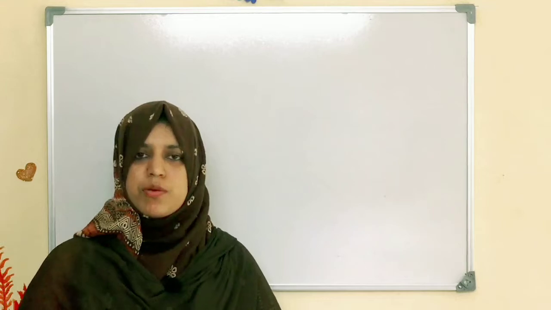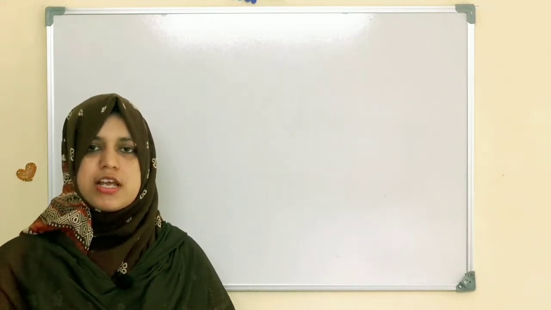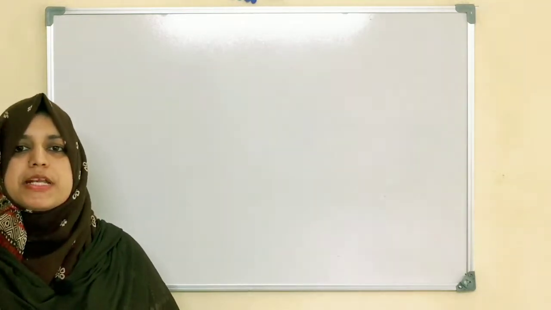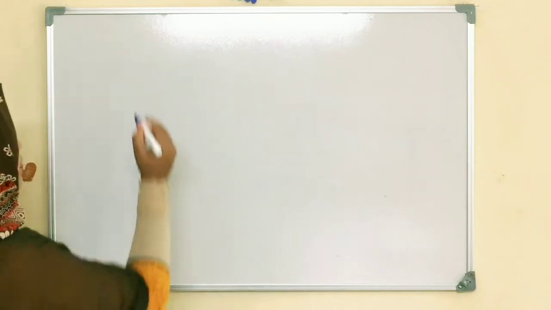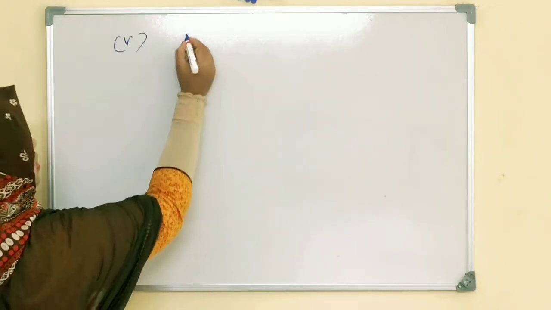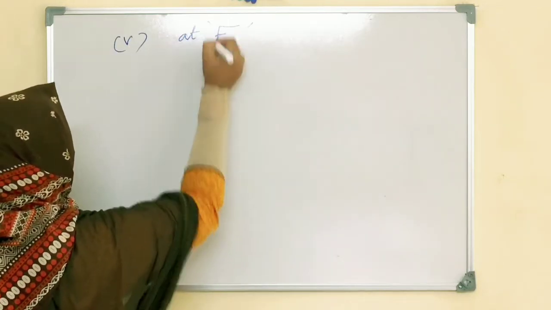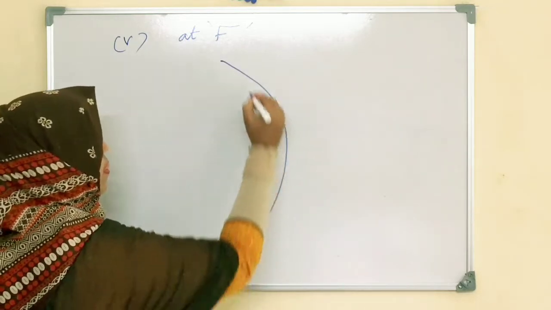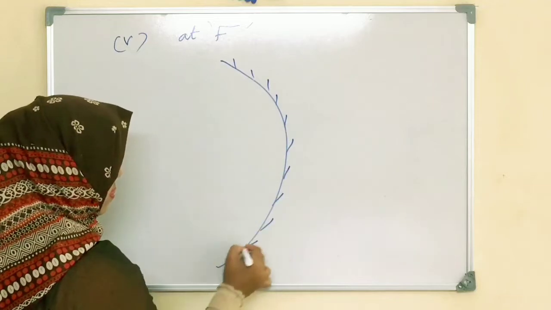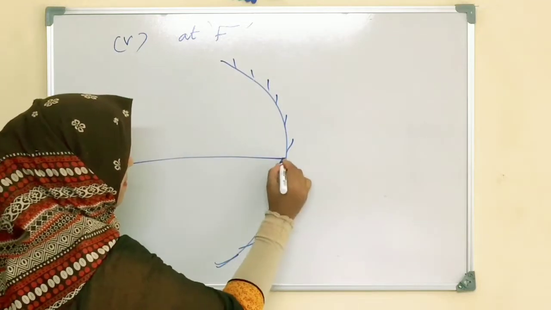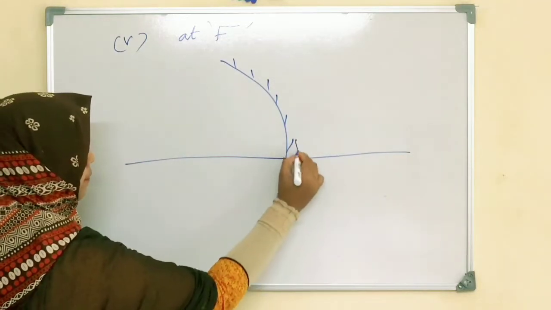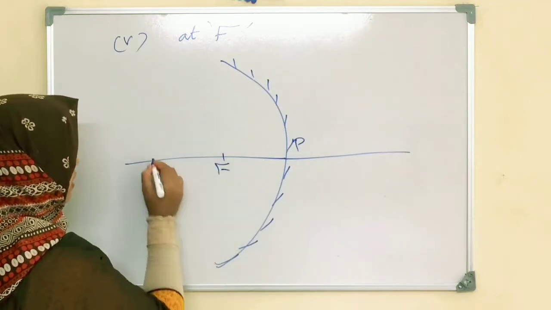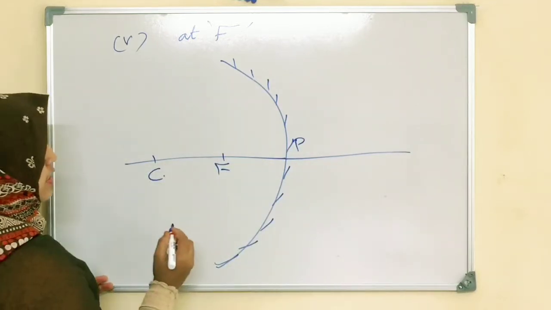The fifth position is when the object is at the principal focus. Fifth one, at F, principal focus. Pole, focus, center of curvature.